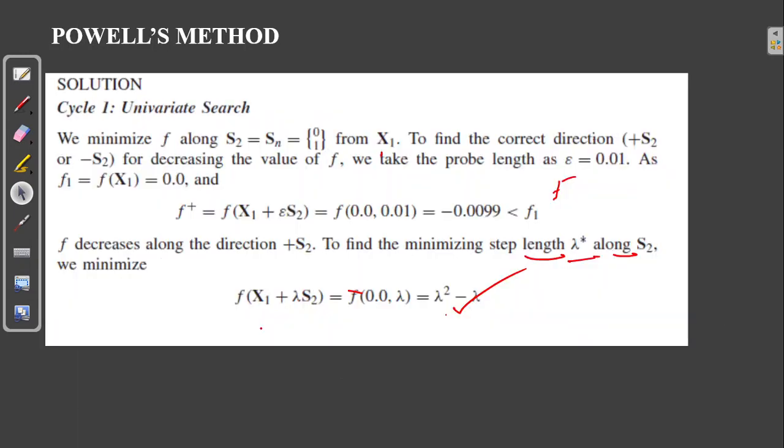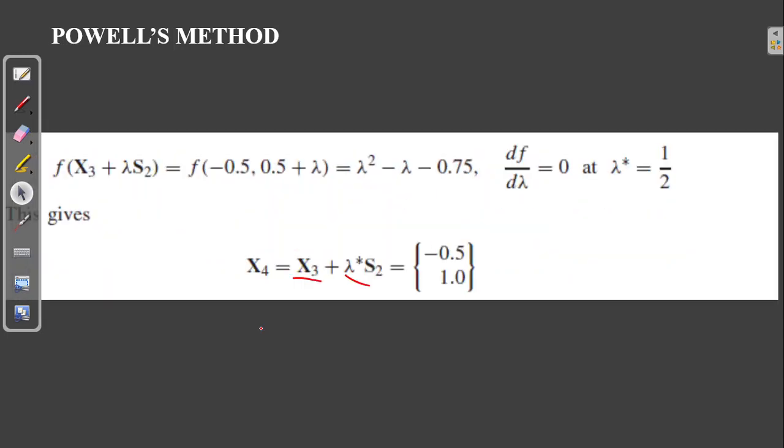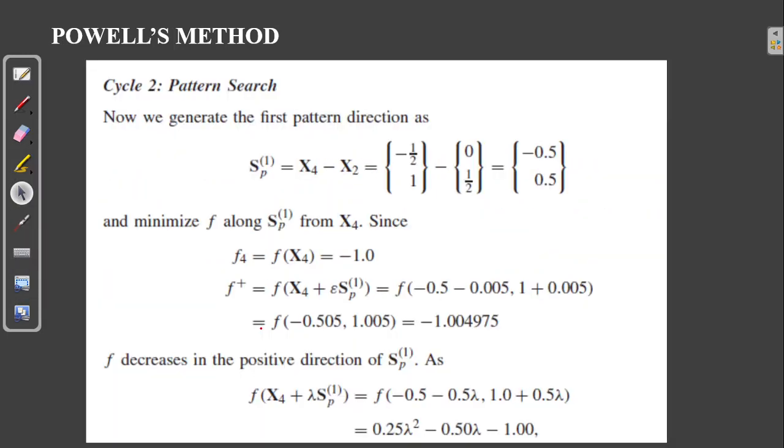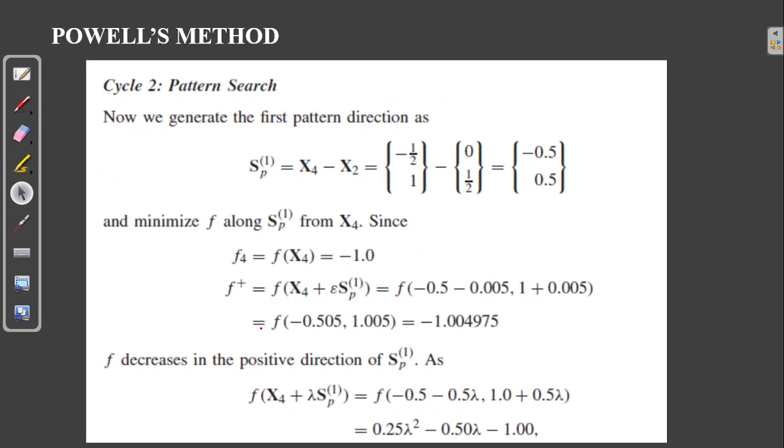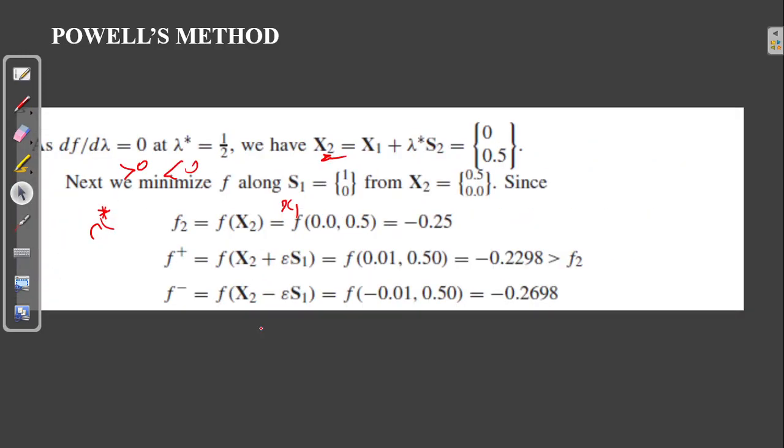Now, what is the next step? The next step is cycle 2, the next cycle, in which we get a pattern search or conjugate direction denoted by sp1, and sp1 will be equal to x4 minus x2. This we have already discussed.